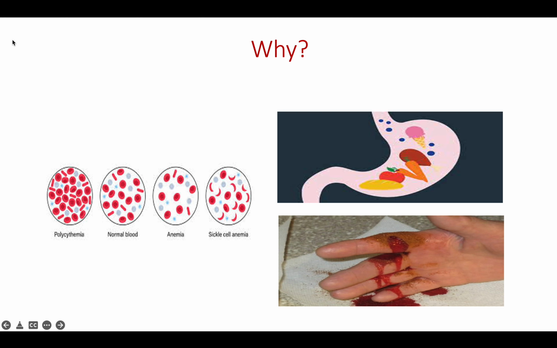So why does this happen? Why does our cellular regulation become impaired? Well, you can see on the screen that when we have cellular regulation impaired, you can see your normal blood here. And within the normal blood, there's a nice little balance of white cells, red cells, platelets.